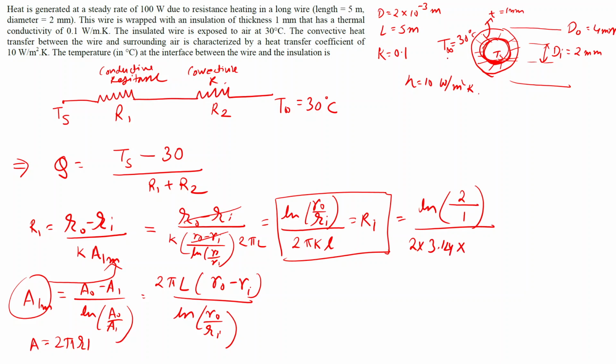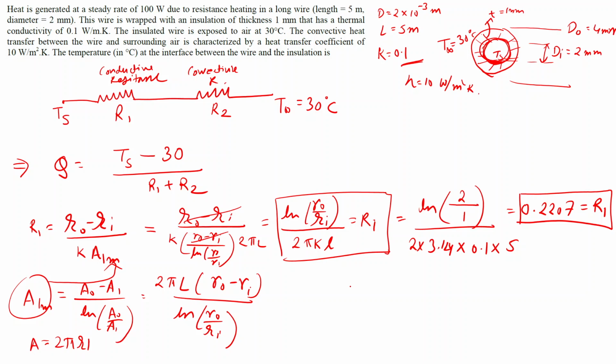The value of K thermal conductivity we have been given as 0.1 into length is 5 meter. So you can solve this and you will get the value of 0.2207. It is R1. The conductive resistance is 0.2207.